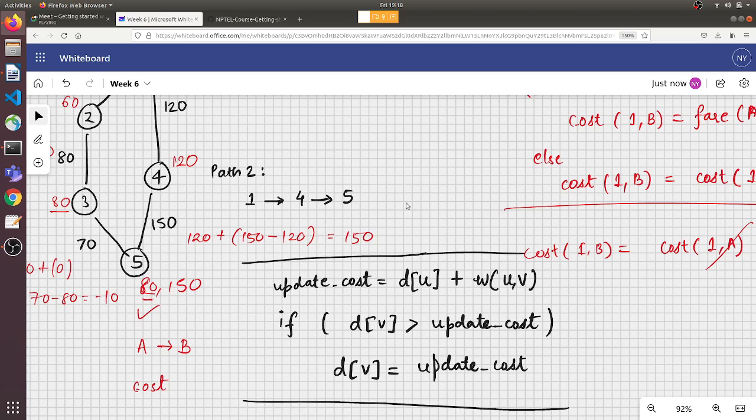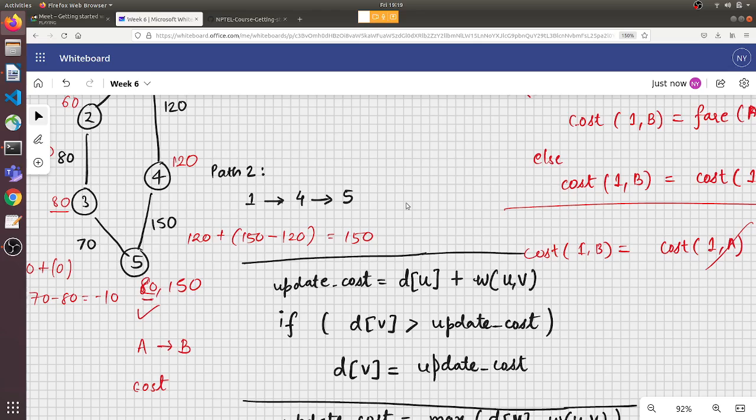Here the only difference is that update cost is equal to max of d u comma w u comma v. Sorry, d u, it's u.